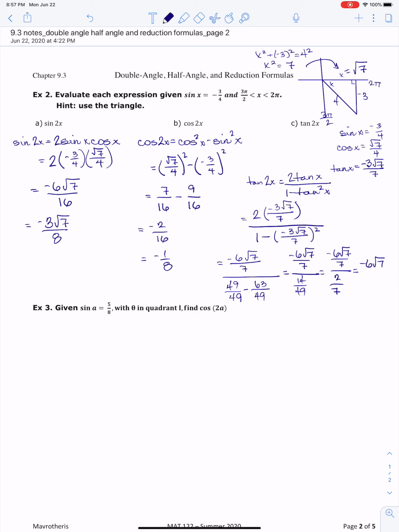I get negative 6 square roots of 7 over 2, negative 3 square roots of 7. It's in the fourth quadrant, so tangent should be negative. Sorry, this is the double angle. Never mind, ignore that. And there we go.